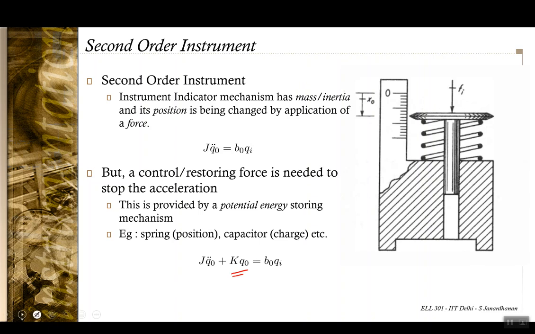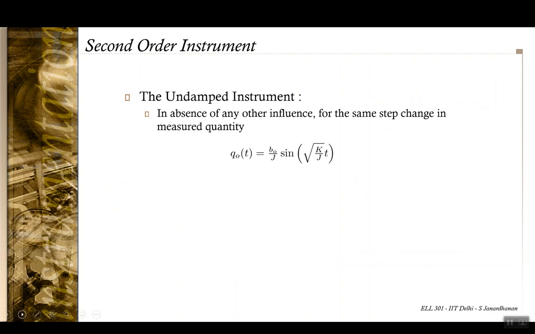However, the next problem comes that if you have this sort of system where you only have the input force and a storage element that stores potential energy, the output to input relationship would look like this.